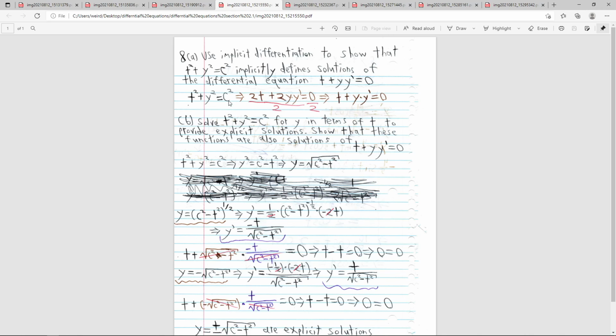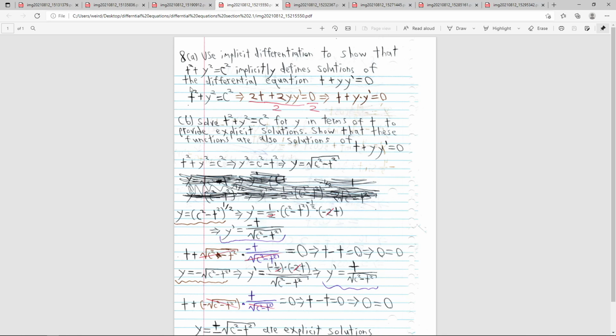Basically we have c squared, and we want t plus y times y prime equals 0. Oh right, we take the derivative. Sorry, I wrote this a while ago. The derivative of t squared is 2t.